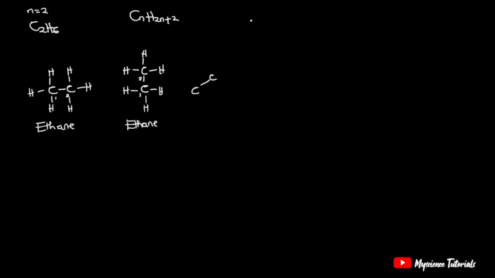Now let's look at a 3-carbon alkane. So we have n equal to 3, so it means our compound is going to be what? C3H8. Now let's look at all possible isomers that we may have for this particular compound.